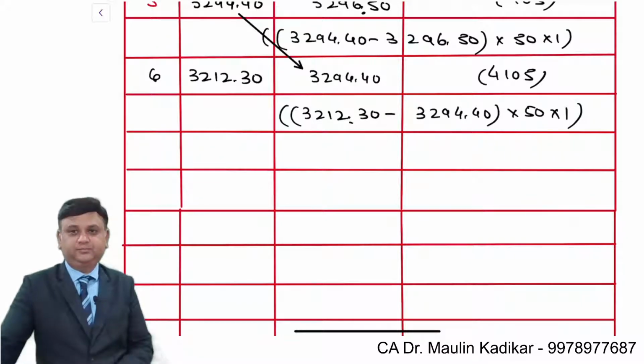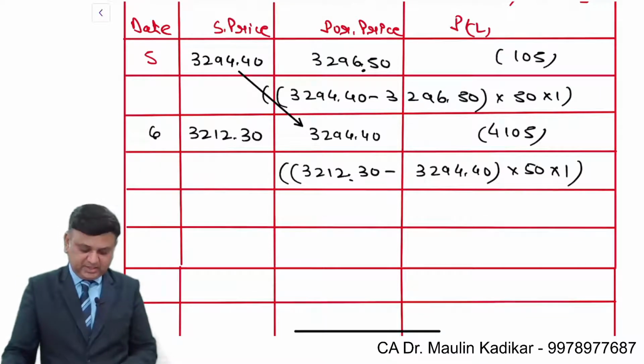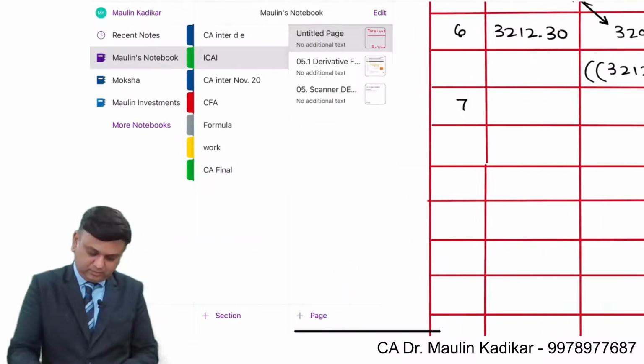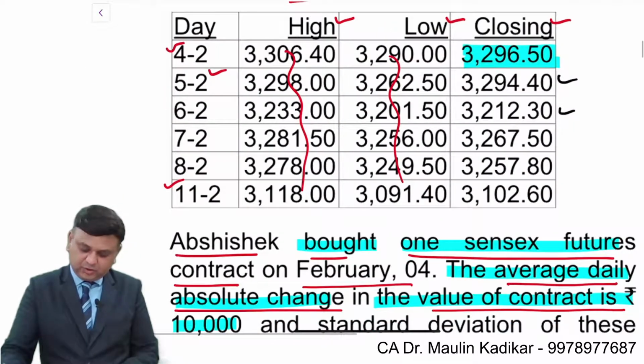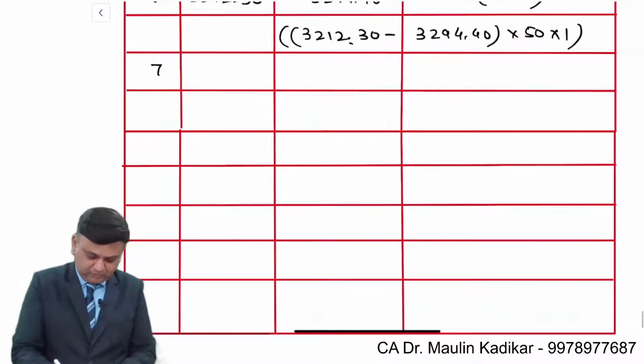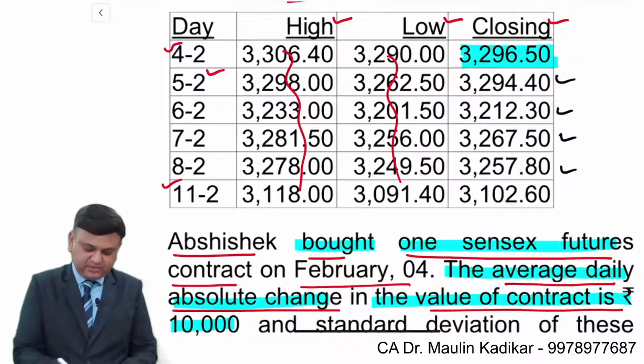Next, seventh, 3267.50. So 3267.50 on 8th, 3257.8.